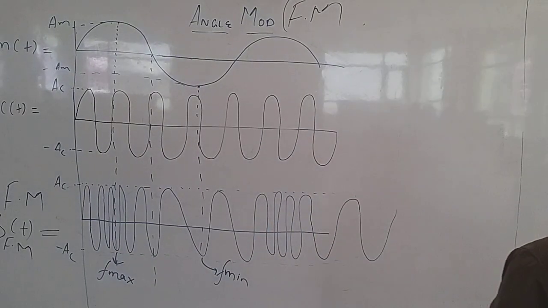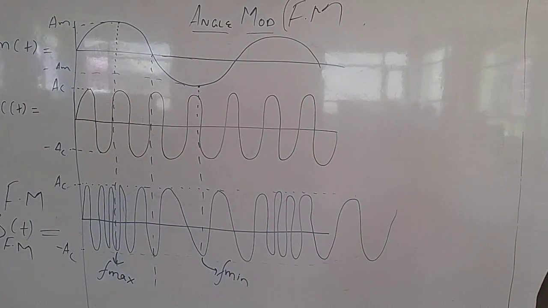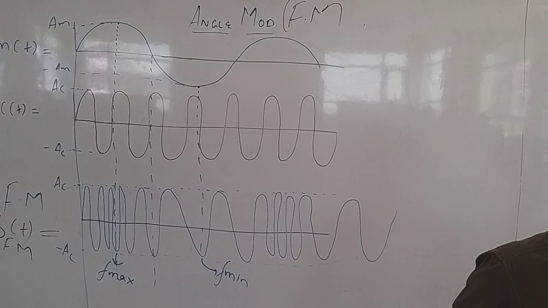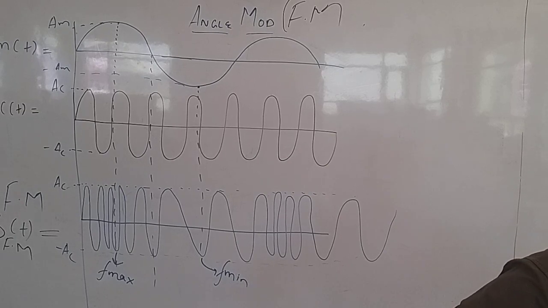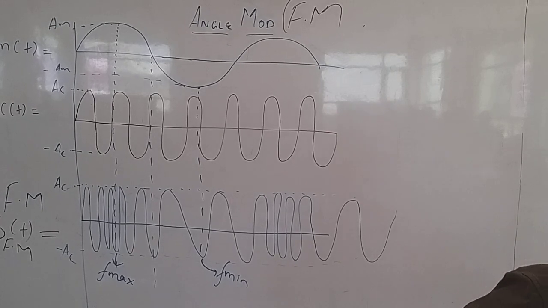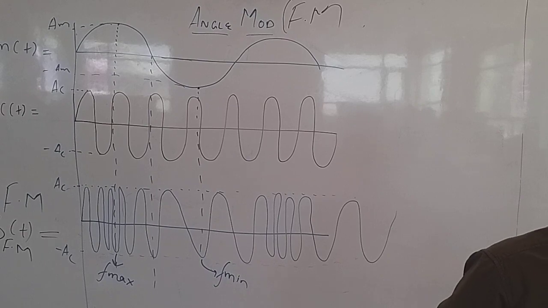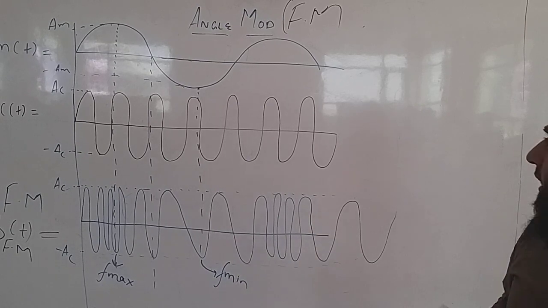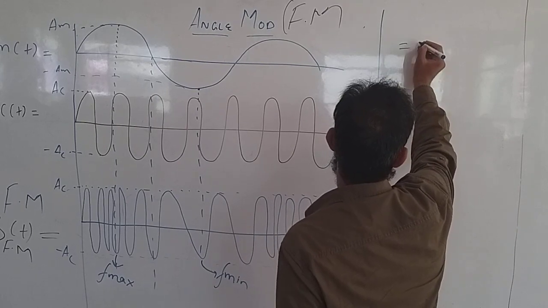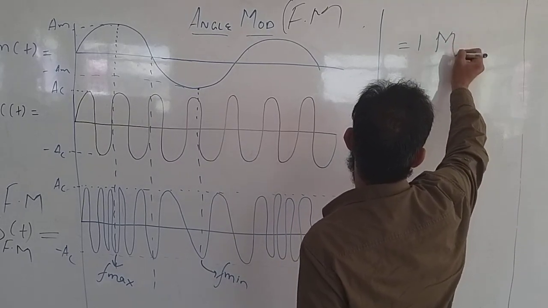न्यूमेरिकल लिखिए जरा. An unmodulated carrier frequency is equal to 1 megahertz.